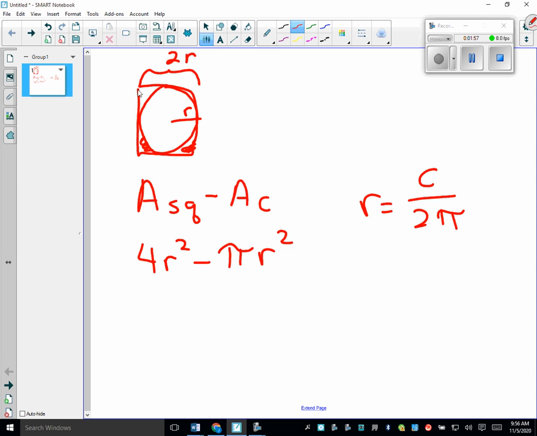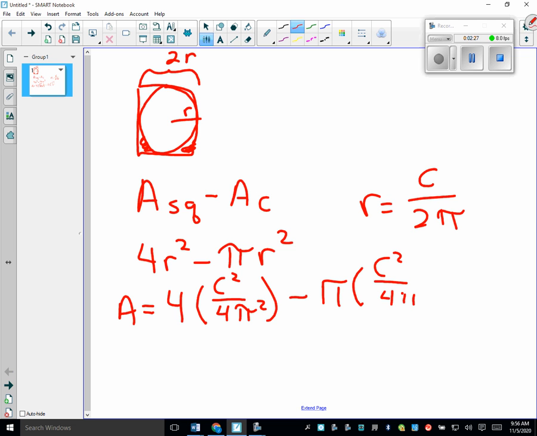So everywhere there's an R, I'm going to put that. So the area that I'm trying to find is equal to 4 times c squared over 4 pi squared minus pi times c squared over 4 pi squared. You all agree with that?